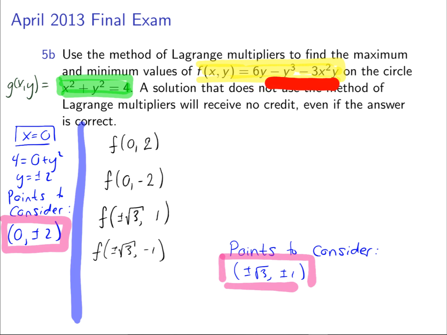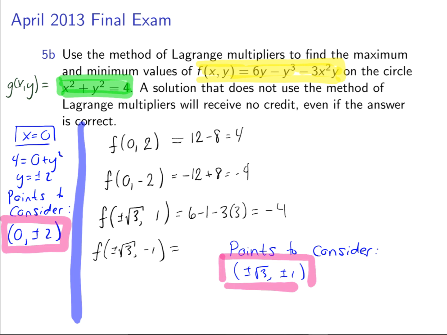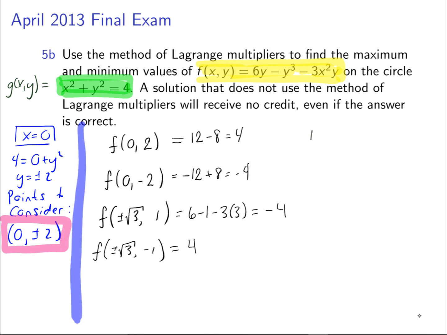Since y is raised to all odd powers, the sign of y will impact the sign of my function. The largest of these is 4, the smallest is negative 4, so the maximum and minimum values attained by f on the circle described by G are 4 and negative 4.